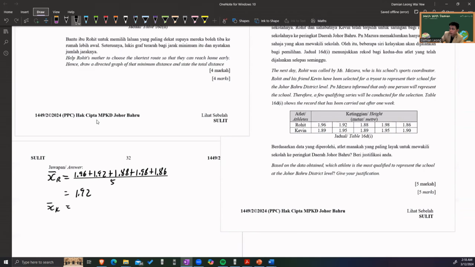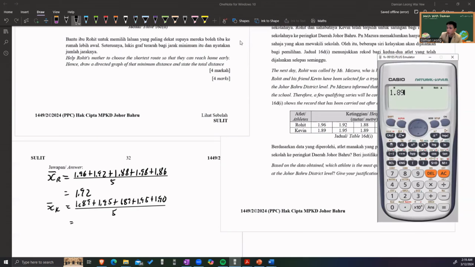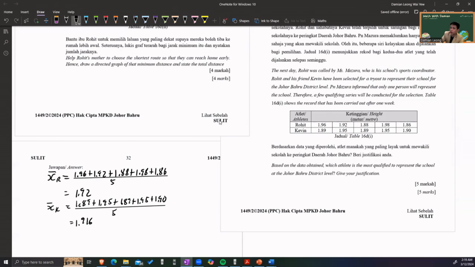Mean for Kevin, 1.89 plus 1.95 plus 1.9 plus 1.95 plus 1.9 over 5, 1.916, which is very close actually. Even if I round to 2 decimals, it's the same.